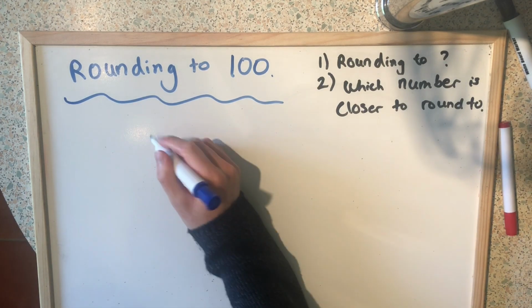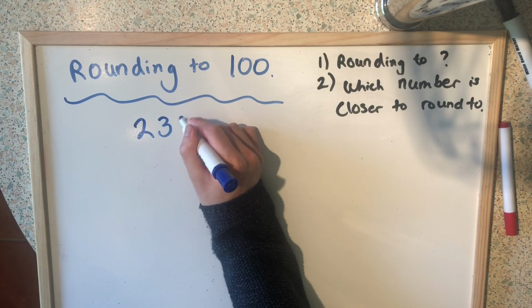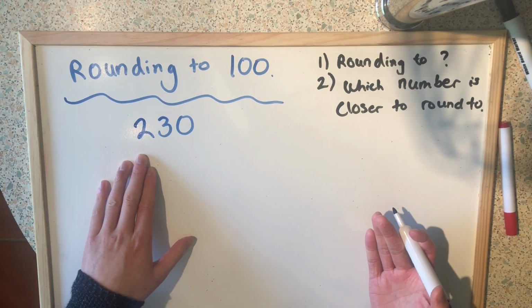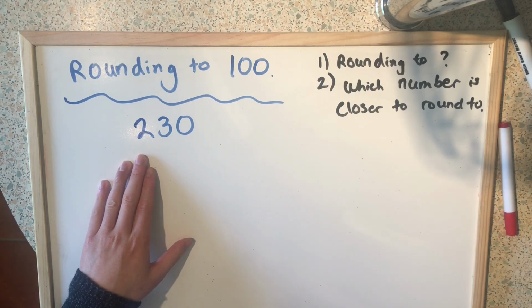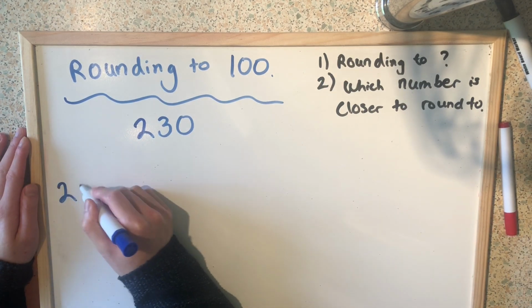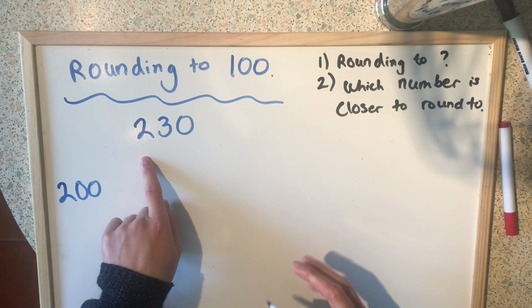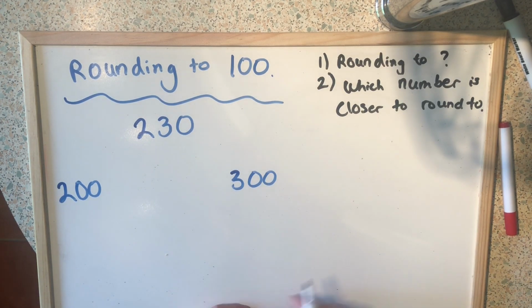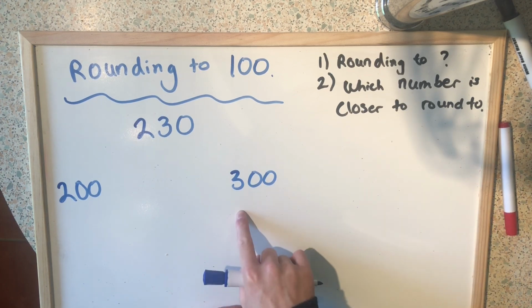Okay, what about if we have 230? So 230 rounding to the nearest 100, we've got one higher and one lower, the lower one will be 200 and the one next will be 300. So same again, which number is closer to round to?